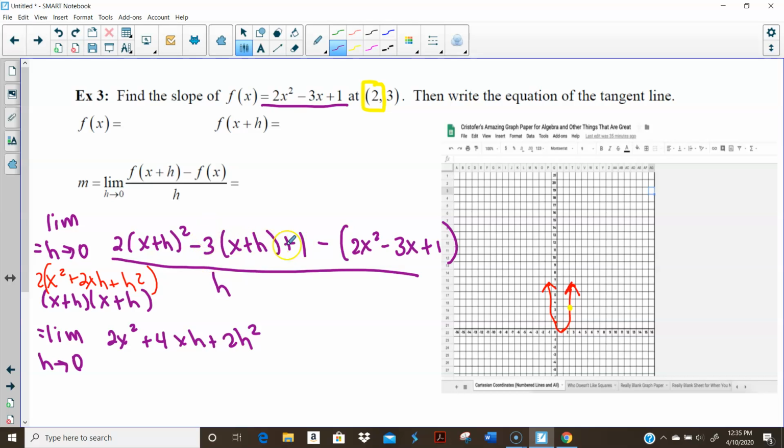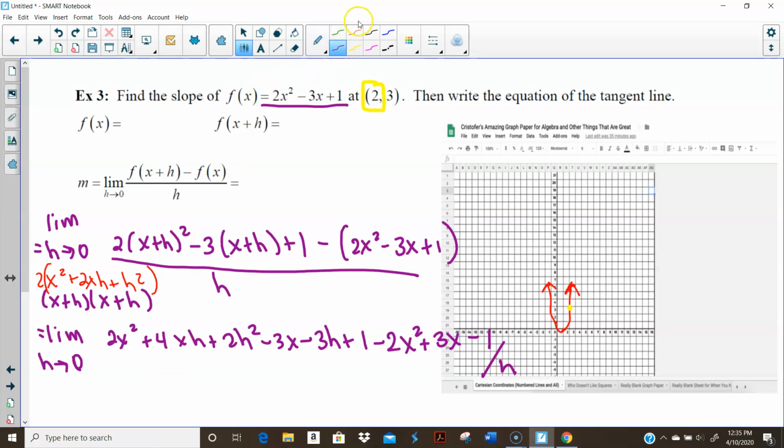Now I'm on this part right here. Subtract 3x, subtract 3h, plus 1, subtract 2x squared, plus 3x. Subtract 1, all over h.